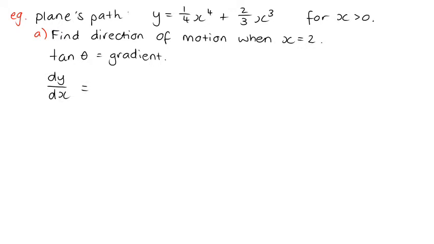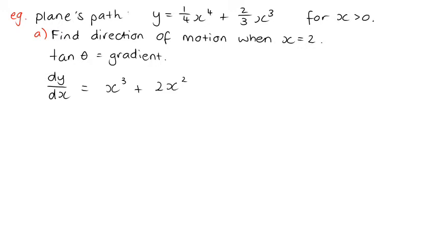So of the function, what's the derivative? Yes, good. Because if we bring that 4 down and multiply, we get 4/4, which is 1. Bring the 3 down and multiply, 2x squared. Good. So that is the derivative of any point on that line, but we want to know when x equals 2.